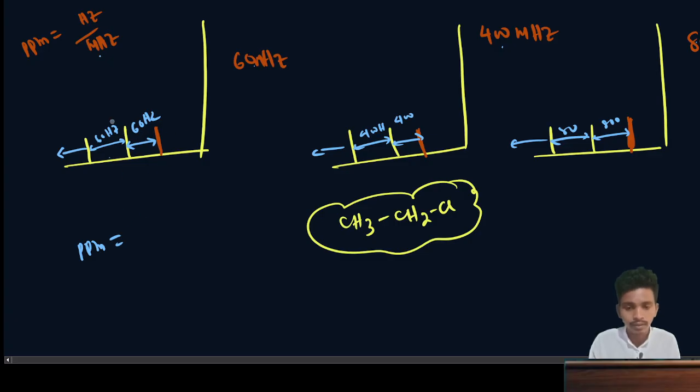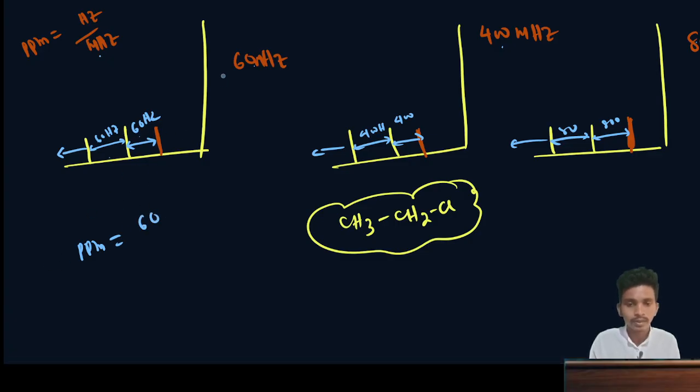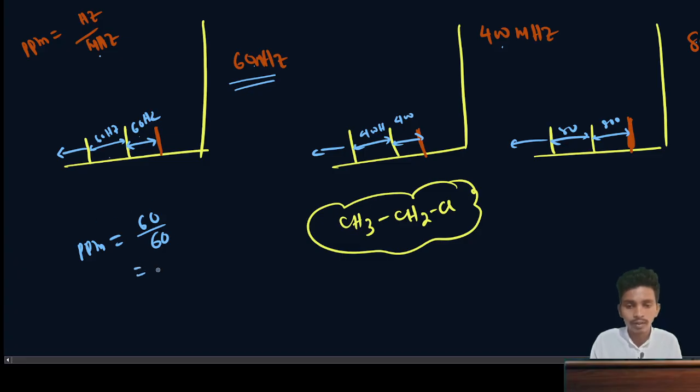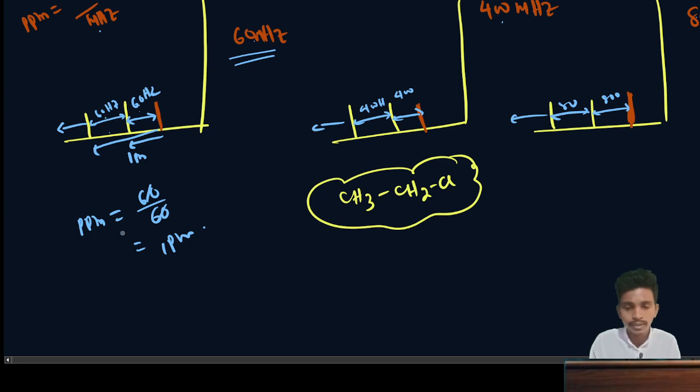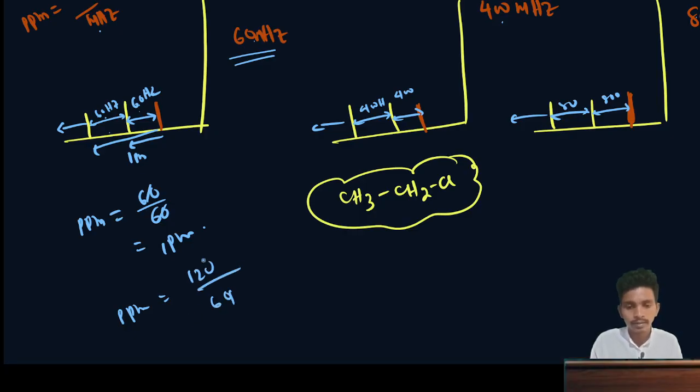Here the hertz is 60, and the instrument megahertz is again 60. So we get 1 ppm. From here to here is 1 ppm, and from here to here, that is 60 plus 60, which is 120, upon 60 again, so this is going to be 2 ppm.